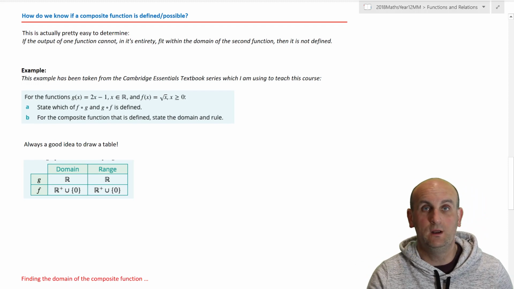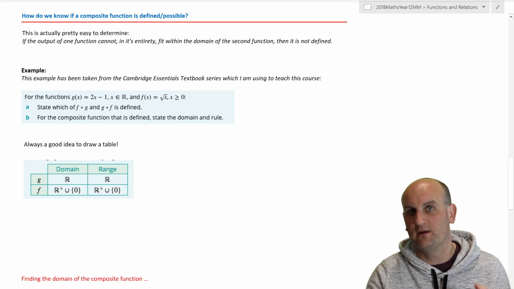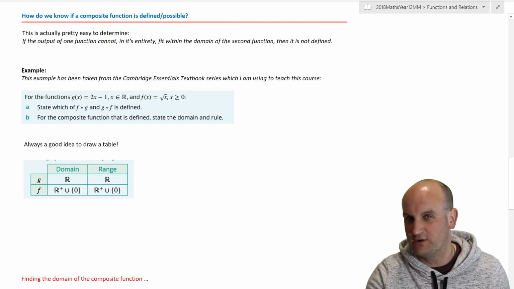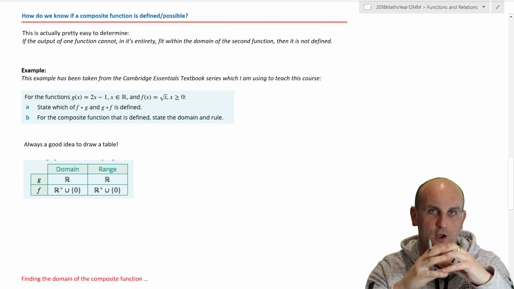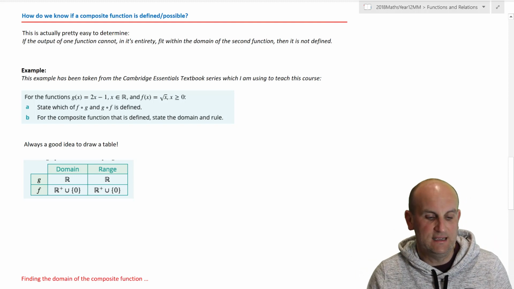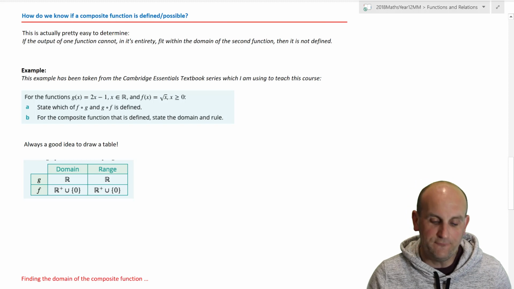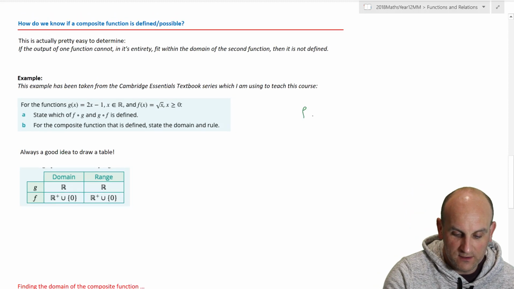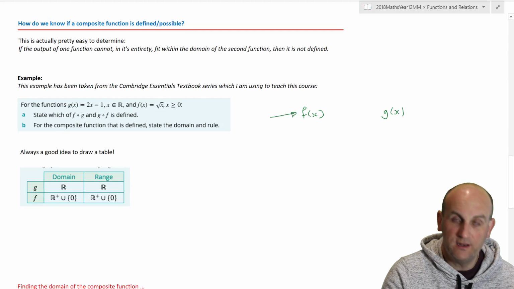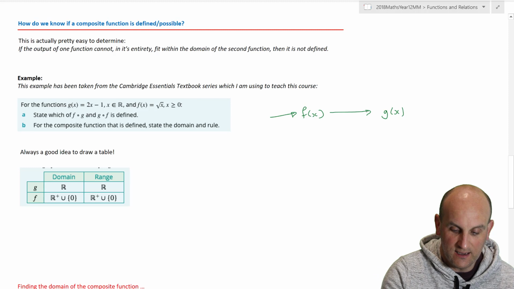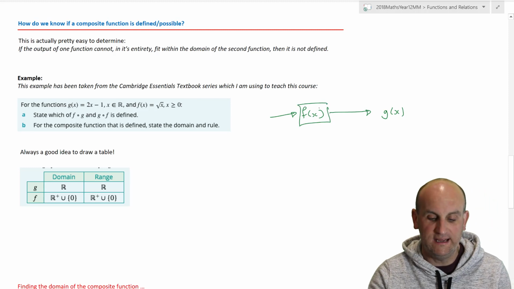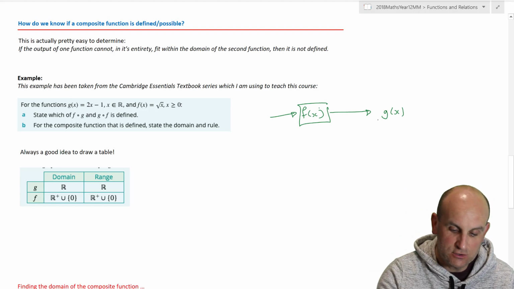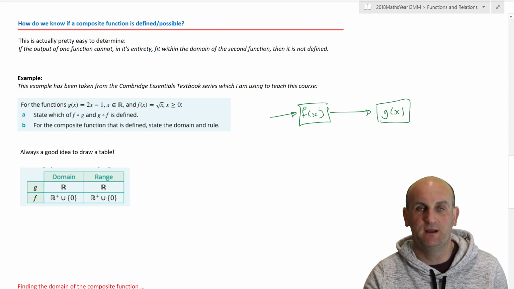Now, I said here about the idea about whether composite functions are defined or possible. In my previous video, we looked at the idea that when we did sums and products and subtraction of ordinates or different functions together, they were only defined when there was an overlap. Very similar here for composite functions. If I have my function f of x here and I have g of x here, whatever I put into here and get out of here, we have to make sure that the range of my f of x can totally fit within the domain of my g of x.